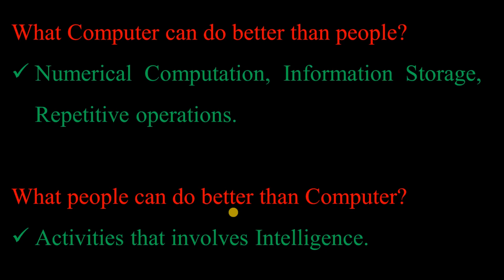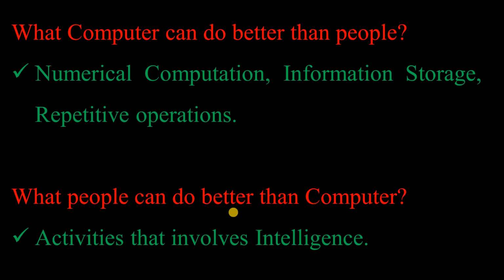And when we are thinking about the speciality of people, the activities that people can do better than computers, the activities that involve intelligence are done by humans better than machines, like responding to a situation flexibly, sensing contradictory messages, or finding the relative importance of different elements of a situation.